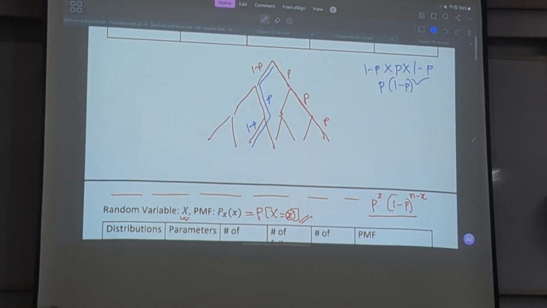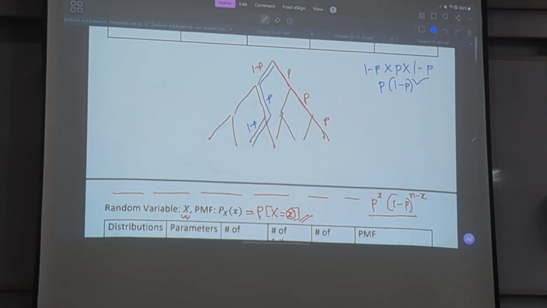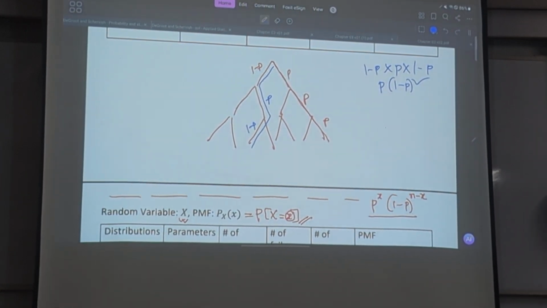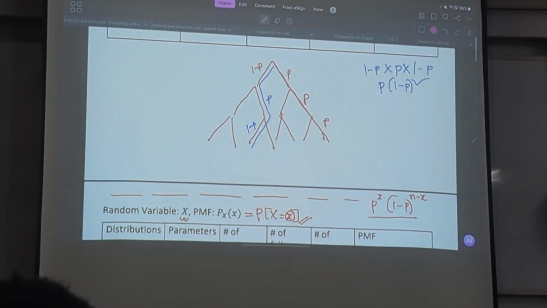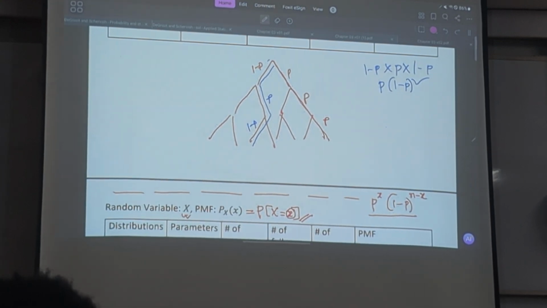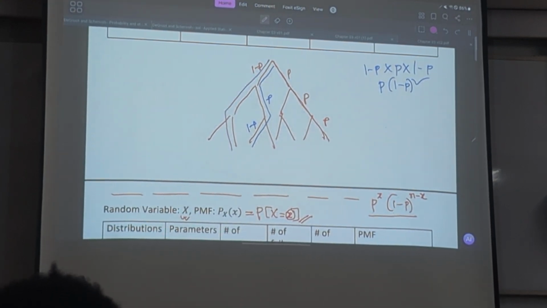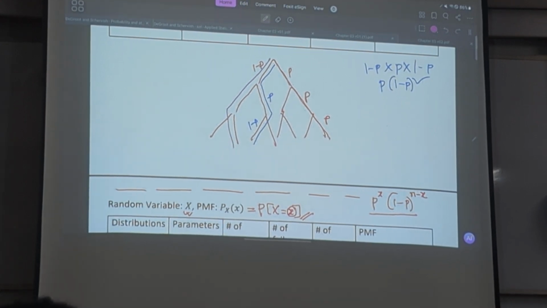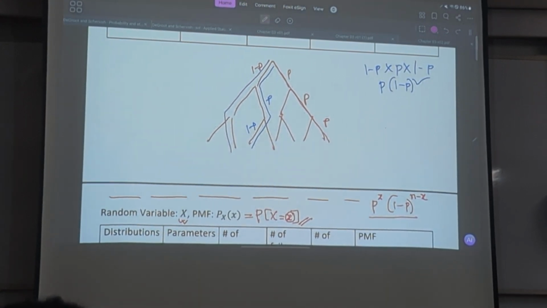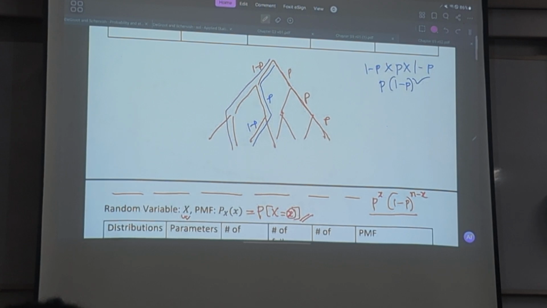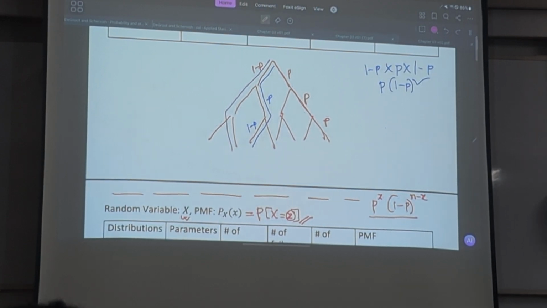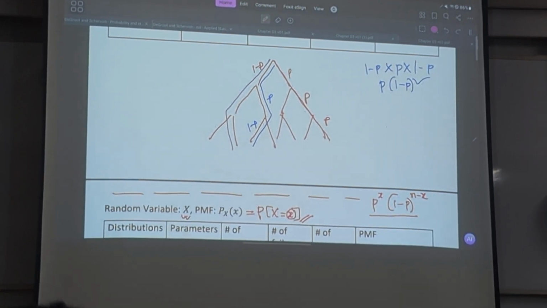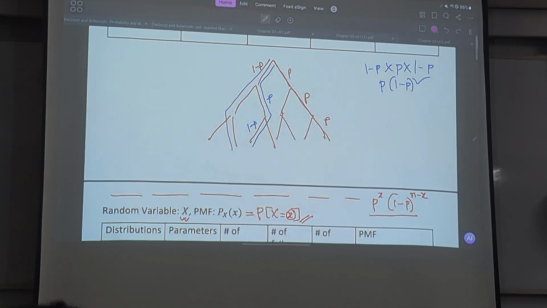And more importantly, this path and this path, however, they are different paths, but they have the same probability because both paths have one success and one failure.